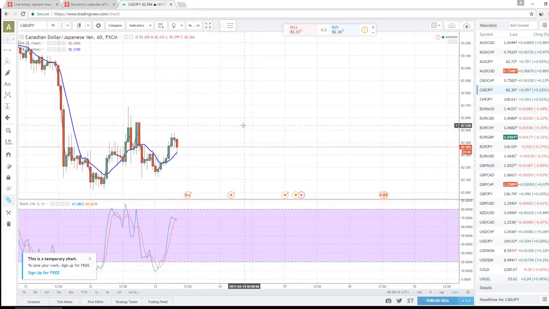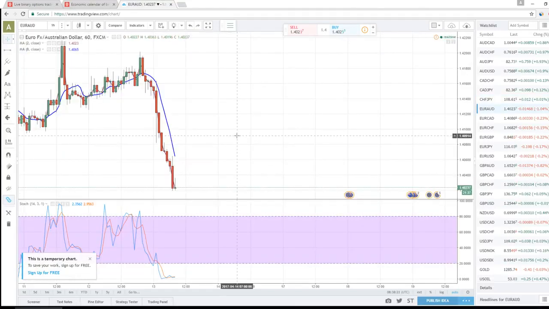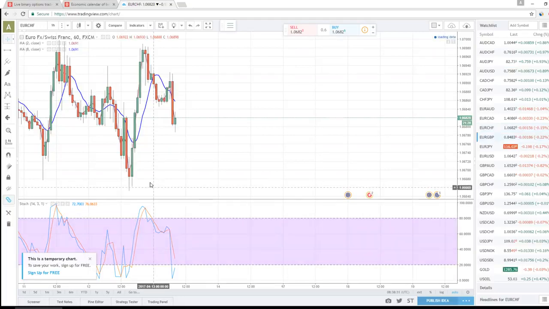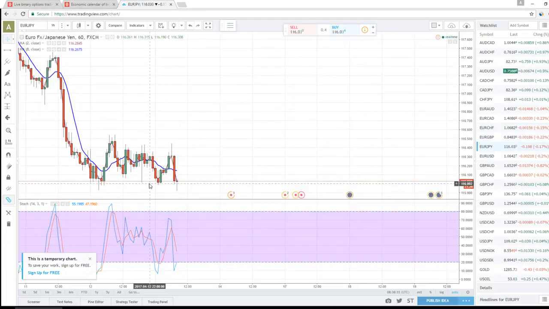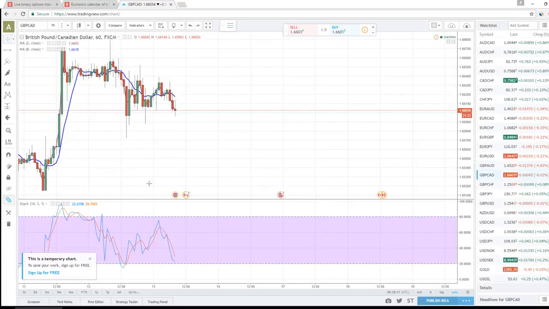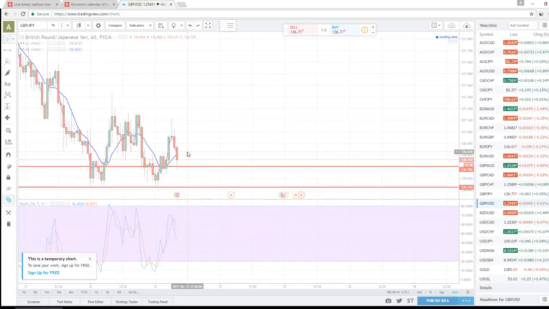Okay, Canadian, well, within 1 hour time frame, also not that interesting. Euro to Australian dollar, we see it was falling, and correction is pretty probable, but right now I cannot definitely say to enter now.